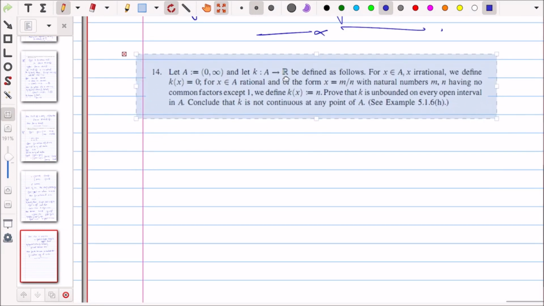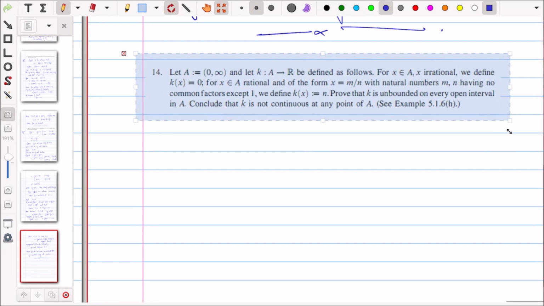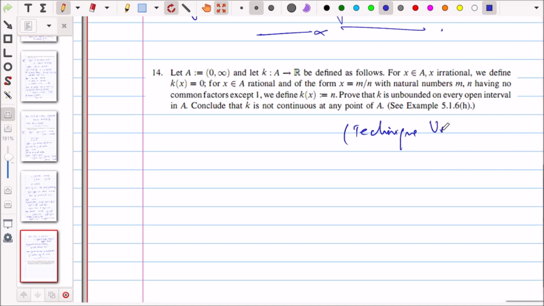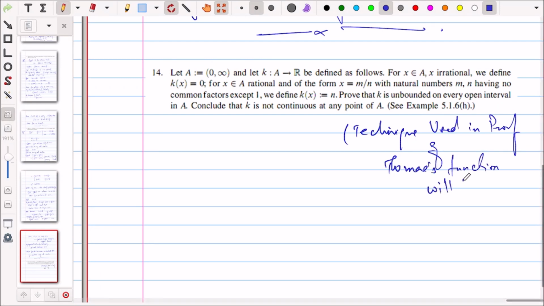So I would request, before pursuing this question, you should read the proof of Thomae's function, because the technique used in the proof of Thomae's function will be used here.